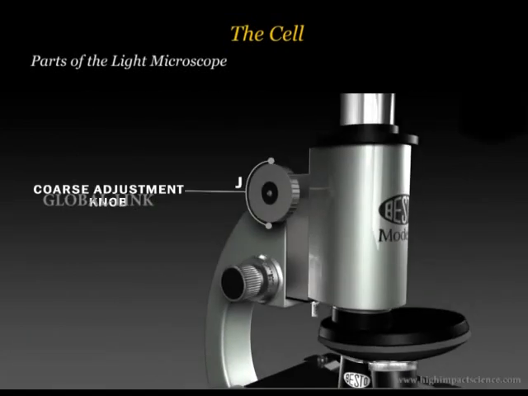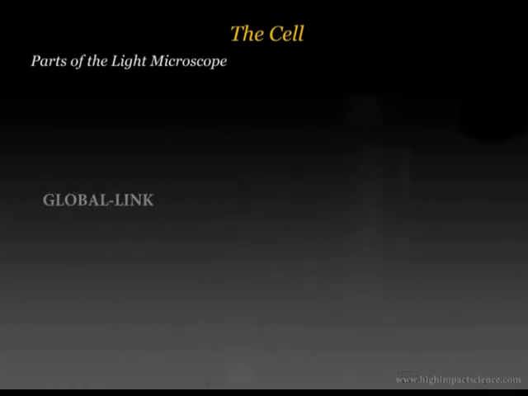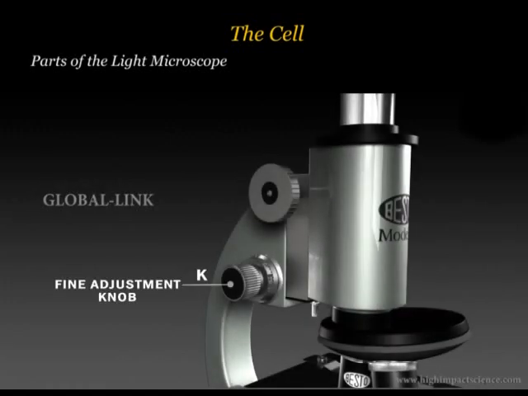The coarse adjustment knob is the larger knob, which raises and lowers the body tube for long distances to bring the image into fine focus. The fine adjustment knob raises and lowers the body tube for short distances to bring the image into finer focus.